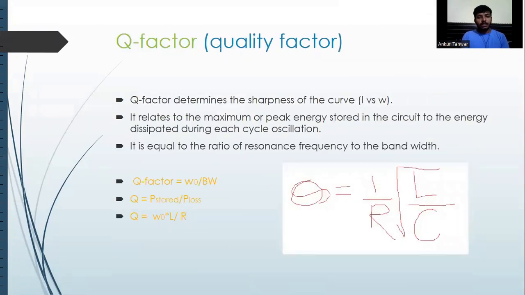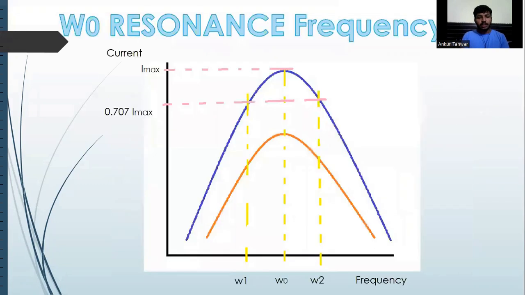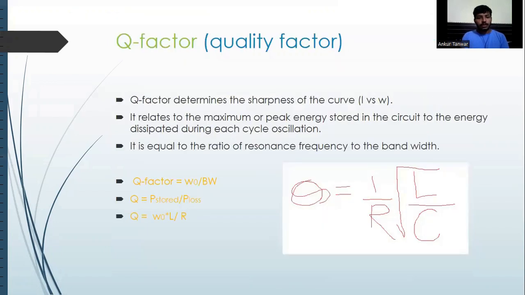Here we define the quality factor, which is the sharpness of the graph we made earlier. Here I made a graph, and the quality factor determines the sharpness of this graph. It relates the maximum peak energy stored in the circuit to the energy dissipated during each cycle of oscillation.